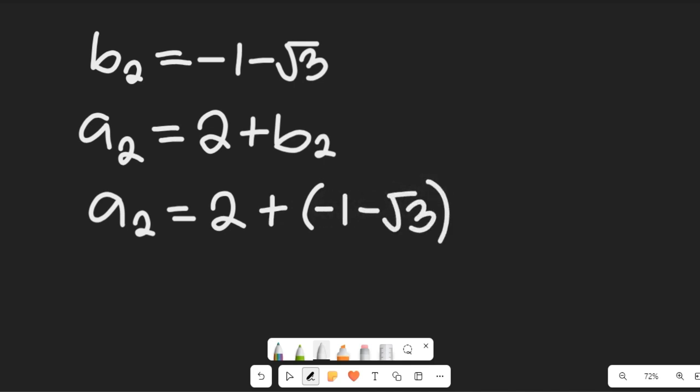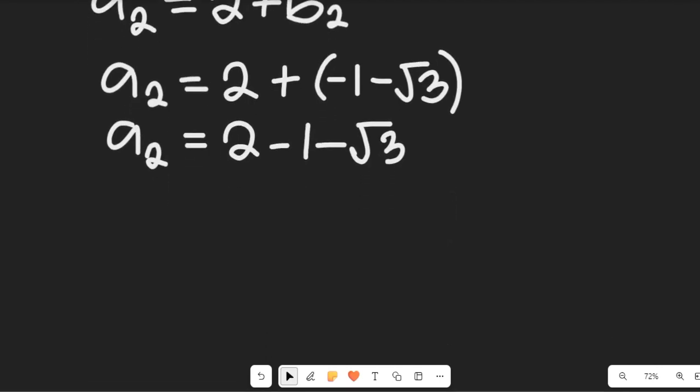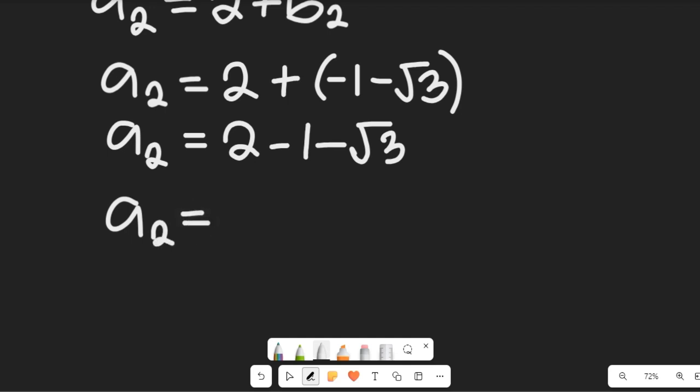So let's simplify this. We'll have this to become 2 minus 1 minus root 3, because plus times minus will give us minus. So simplifying that will give us the value of our a2. So our a2 will be equal to 1 minus root 3.